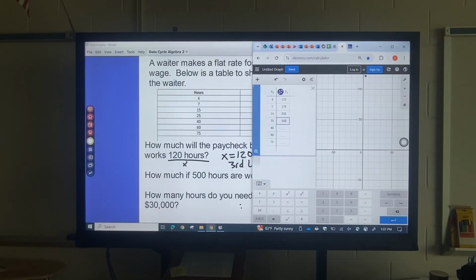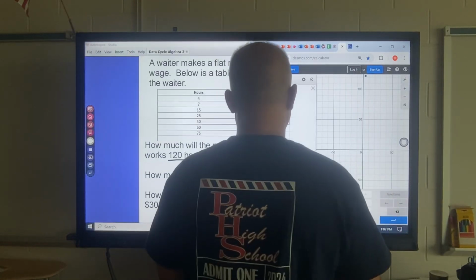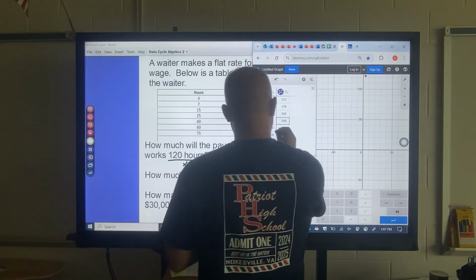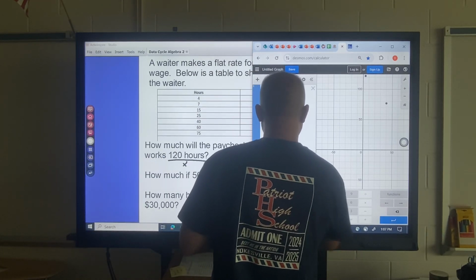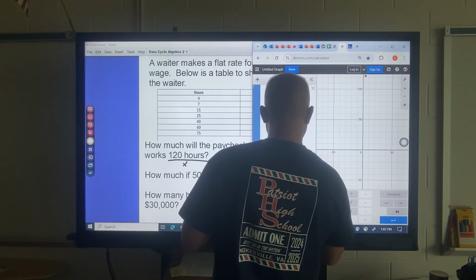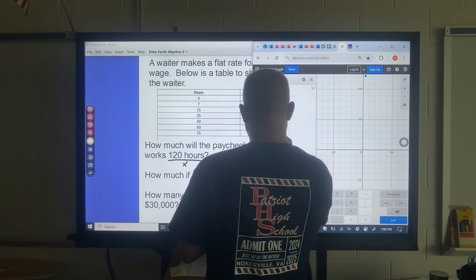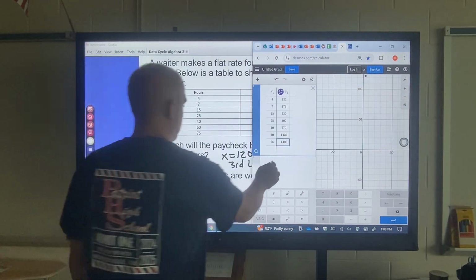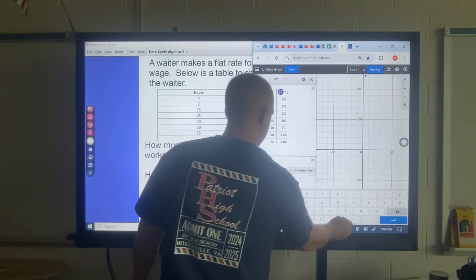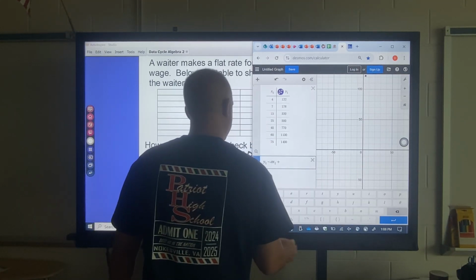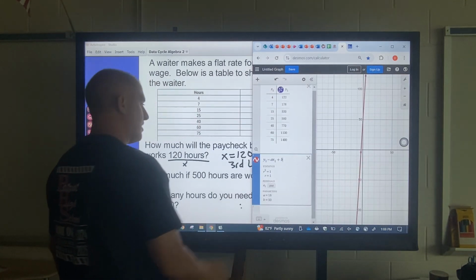I'm just going to use my note packet to speed this along. Then 500, 770, 1130, 1400. Let me just double check that. 25, 50. And we've learned from the previous one, this is a line, so y equals a x plus b, and we learned that that's the value.